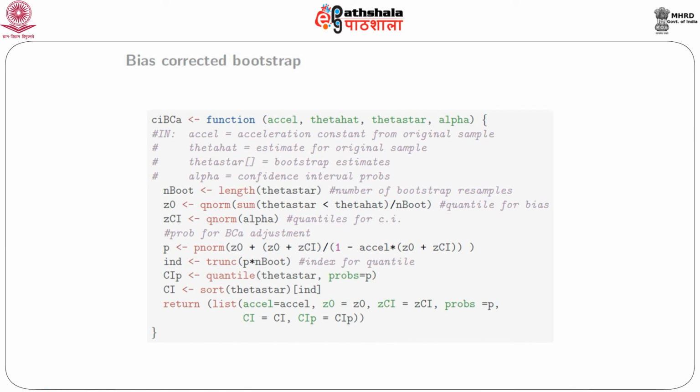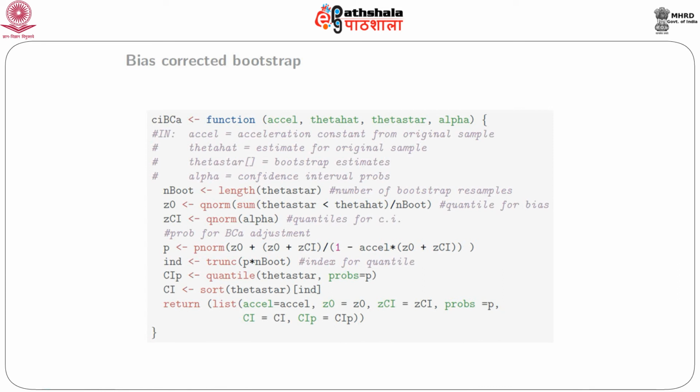So, CI.BCa is a function of acceleration, theta hat, theta star, and alpha, where acceleration is the acceleration constant, theta hat is the estimate from the original sample, theta star is the bootstrap estimate, and alpha is the confidence interval probabilities. Then we define n boot as the length of theta star, which is equal to the number of rows of the bootstrap, and z naught is qnorm of sum(theta star less than theta hat) divided by n boot.